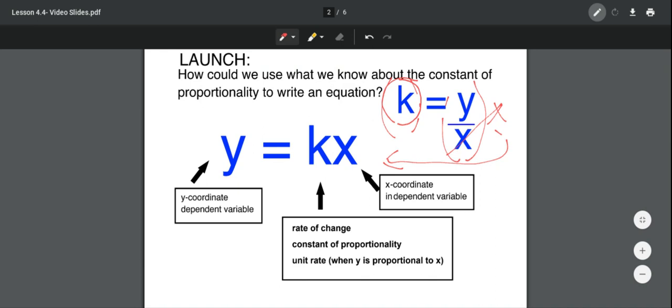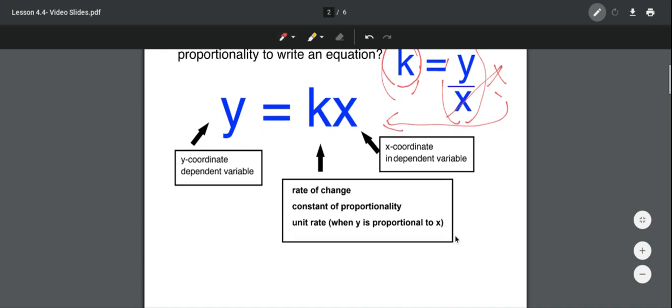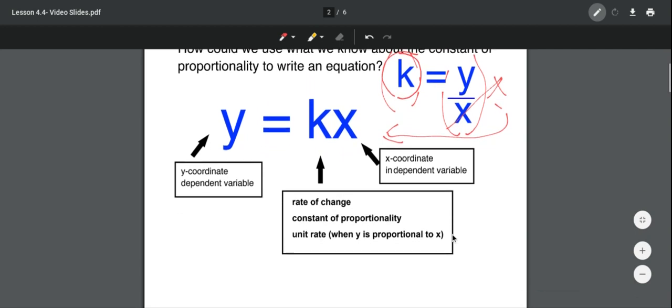Let's continue by looking at the various names for each of these variables. Our k, as we called earlier our constant of proportionality, can also be called a rate of change, or it can be called a unit rate when y is proportional to x.